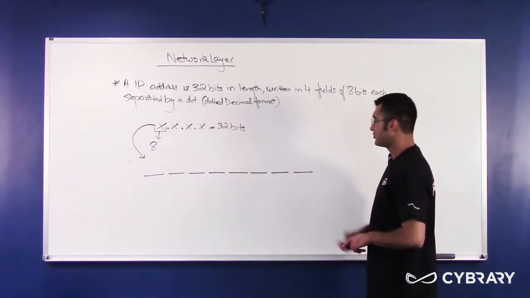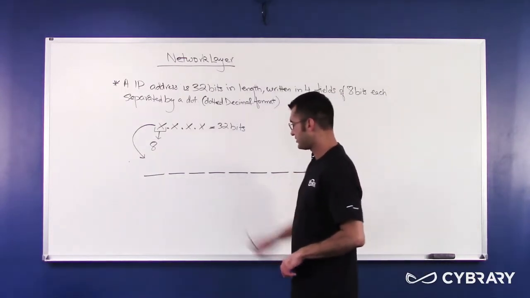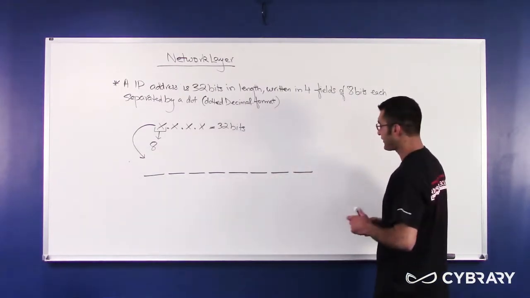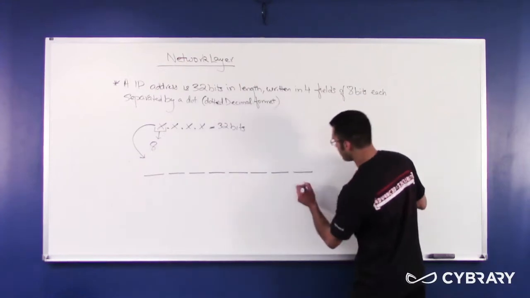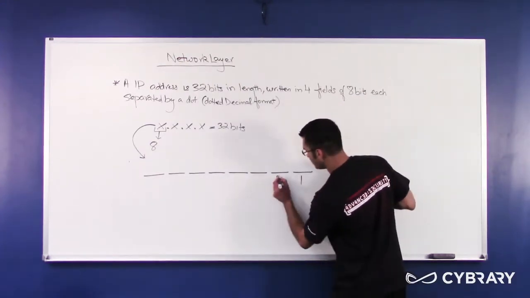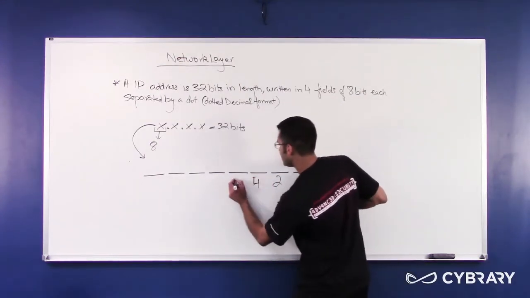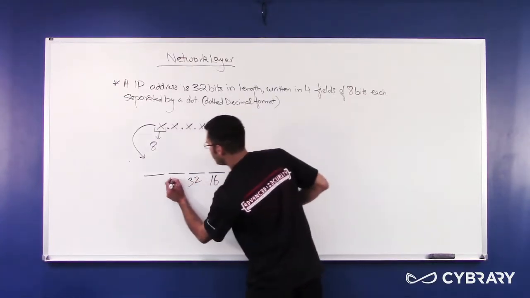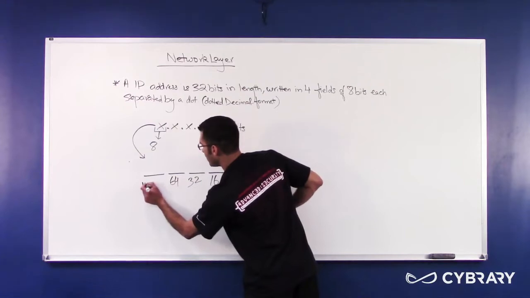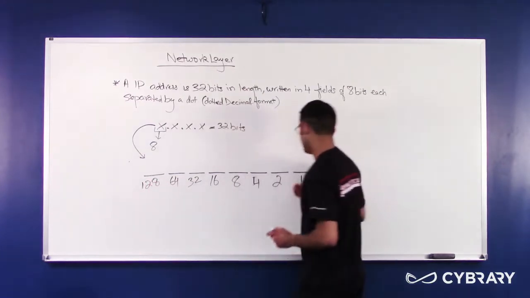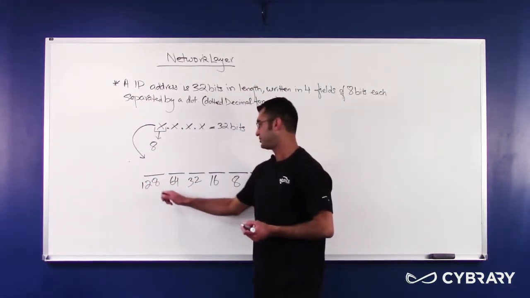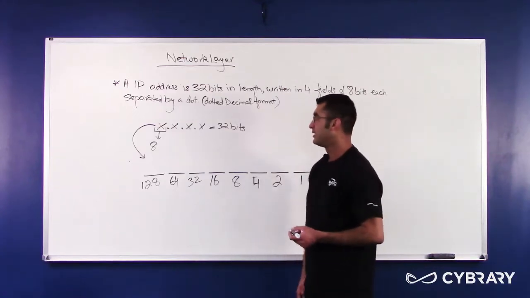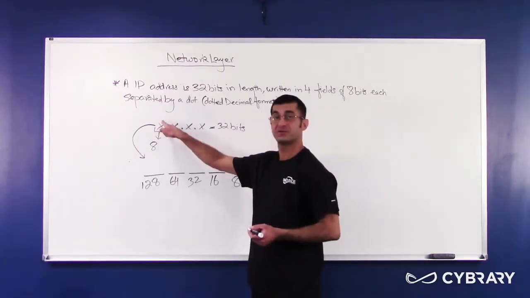And once again, we're going to number these bits with specific values. So you start at 1, you double it, you go to 2, you double it, 4, double it, 8, 16, 32, 64, and 128. So 1, 2, 4, 8, 16, 32, 64, 128. Once again, I'm drawing out this first octet.